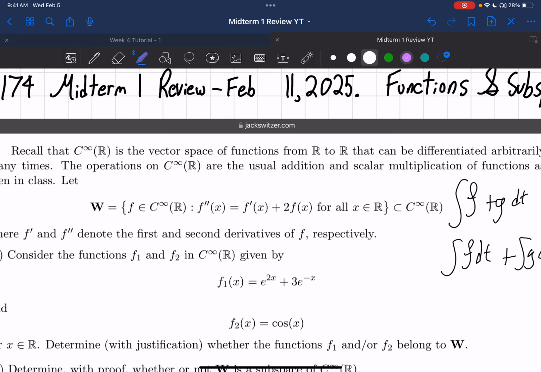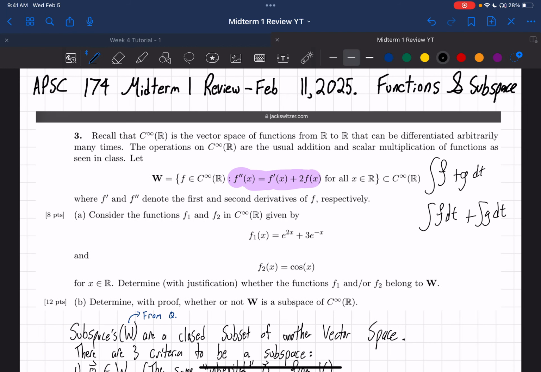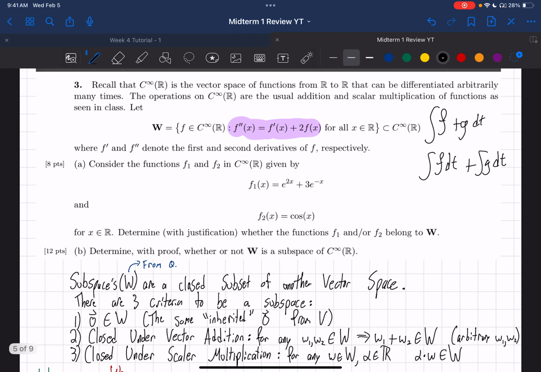In this case, it would be a subset, because every single function that abides by this differential equation, where the second derivative of f is equal to the first derivative of f plus 2 times the function itself, is a subspace of these smooth functions. So we want to know if f1 and f2 are even in our set itself. And then we'll talk about subspaces.